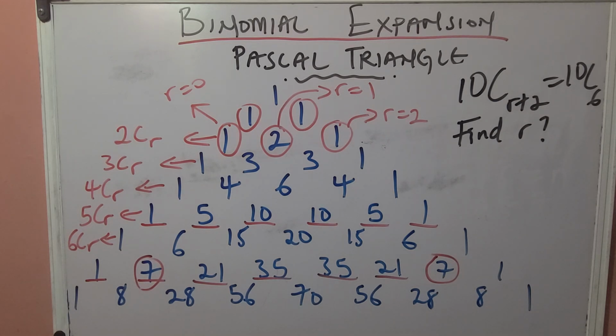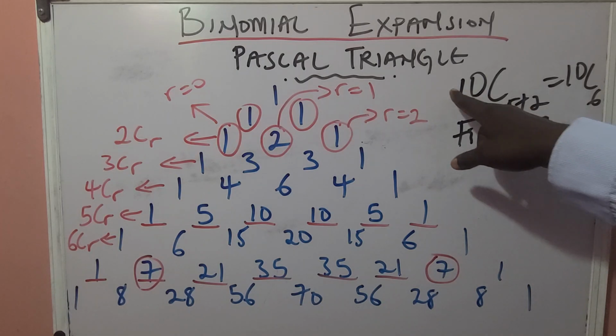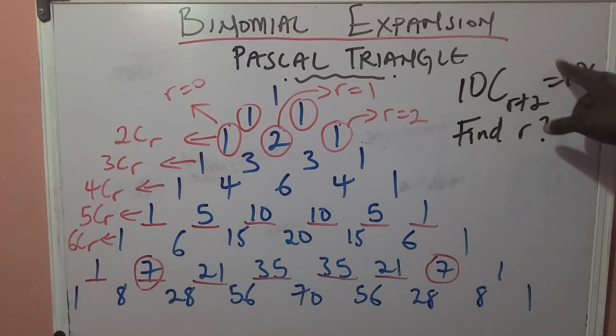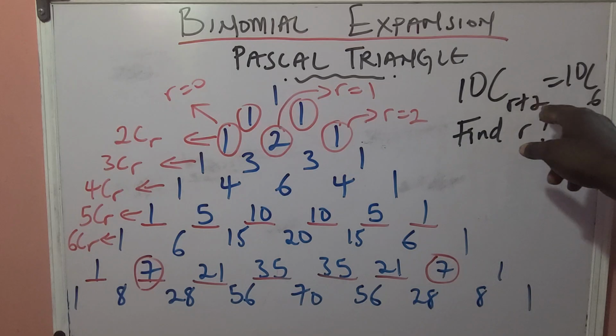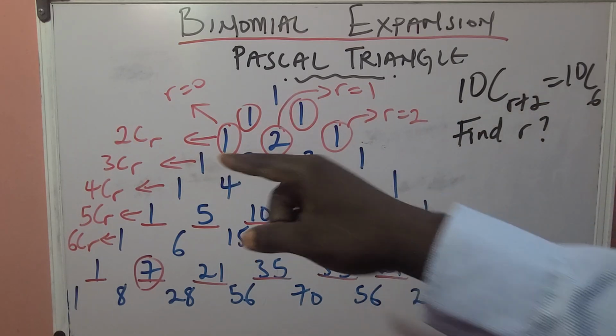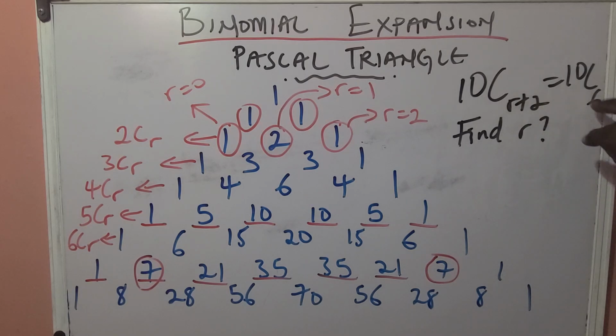And we know that under Pascal triangle, if we have the same n value, and we are told that the results of these combinations are the same, then the addition of their bases, which we call R in this case, must give you the n value. Of course, I know R here doesn't signify the R we had earlier.